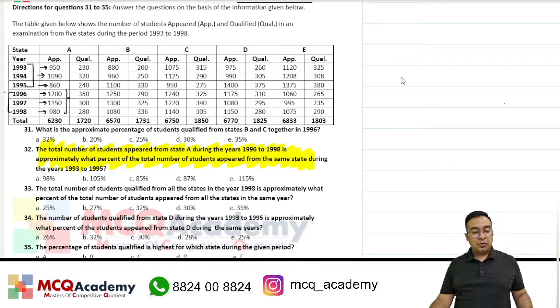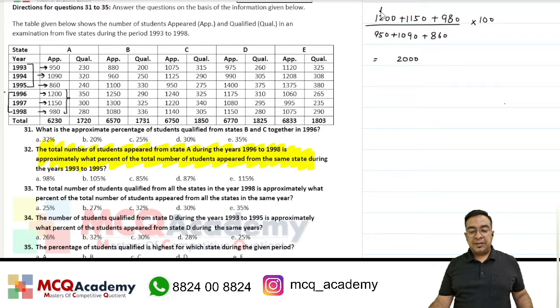तो यहाँ पे सबसे पहले इनको एड अप करते हैं. हमारा न्यूमरेटर वैल्यू बन के आएंगे 1200 plus 1150 plus 980, and the base value will be 950 plus 1090 plus 860, और इसे मल्टीप्लाई करेंगे हम 100 से टू गेट दी परसेंटेज वैल्यू. तो इसको एड अप करते हैं तो वैल्यू बन जाती है हमारे पास में 1000 plus 1000 is 2000.